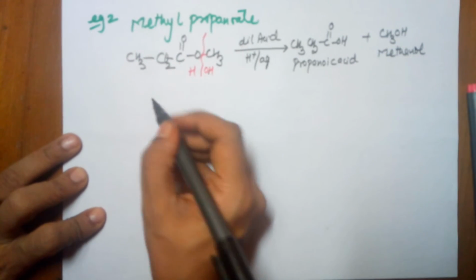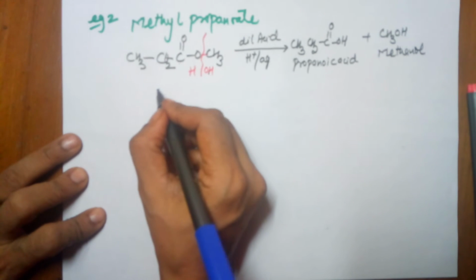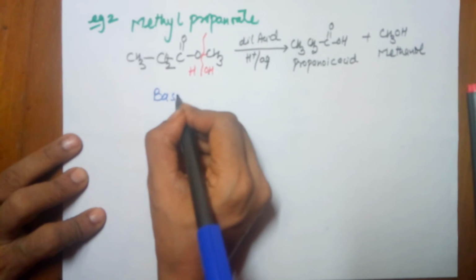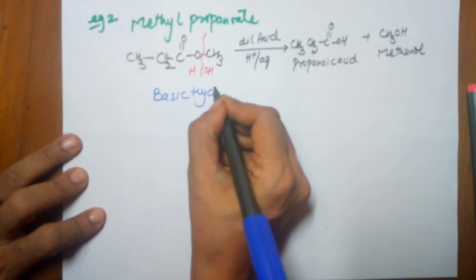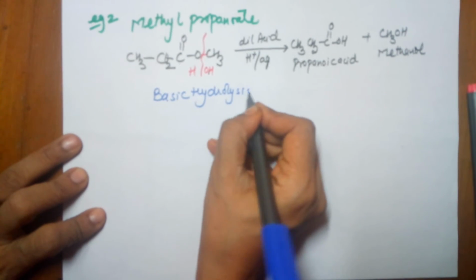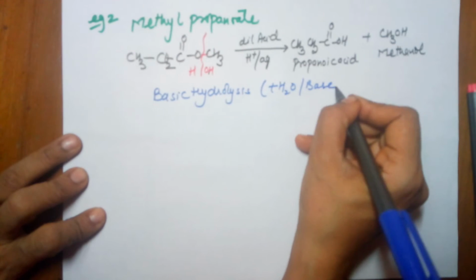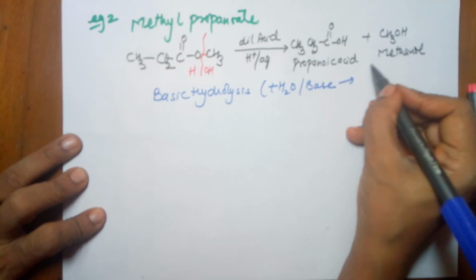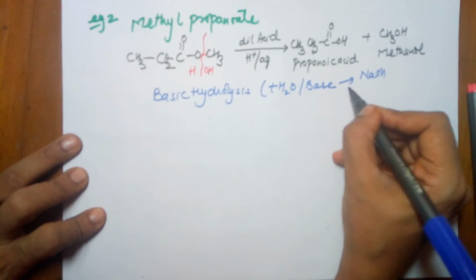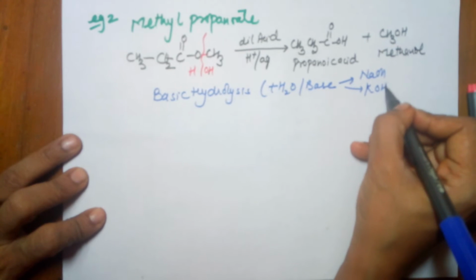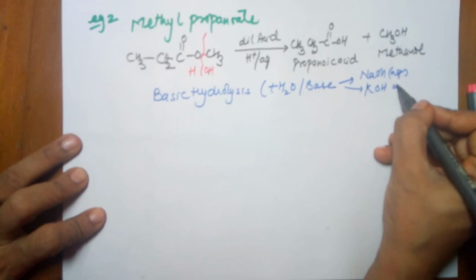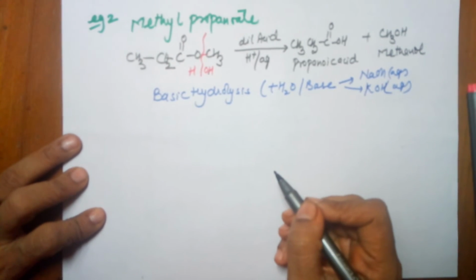Fine. That is how you proceed when you talk about hydrolysis, or an acidic hydrolysis, of an ester, or cleavage of an ester. Now, coming to the second part, I also said it could be a basic hydrolysis, which means you are going to add water in the presence of a base. Examples of a water soluble base are NaOH or KOH aqueous, which are the reagents required.